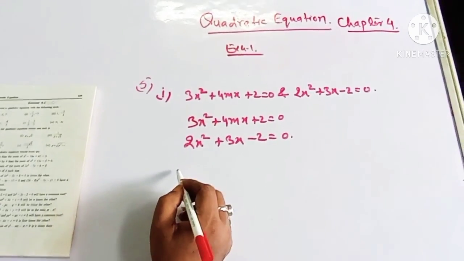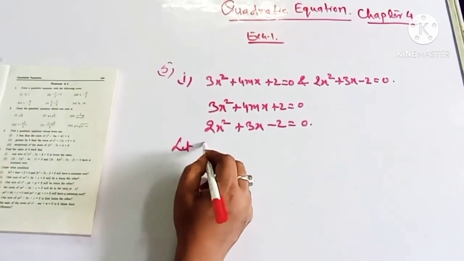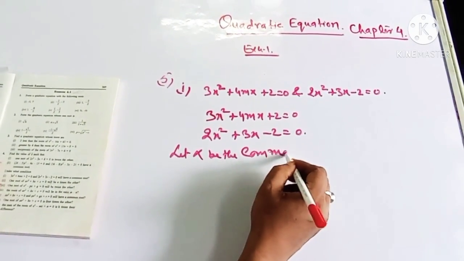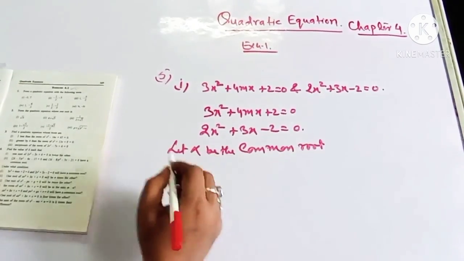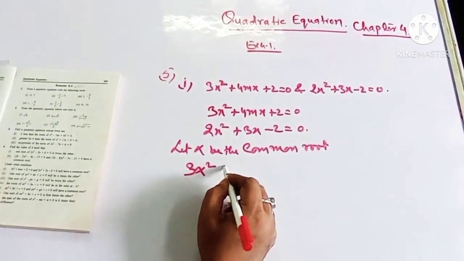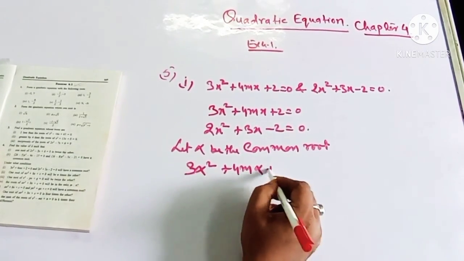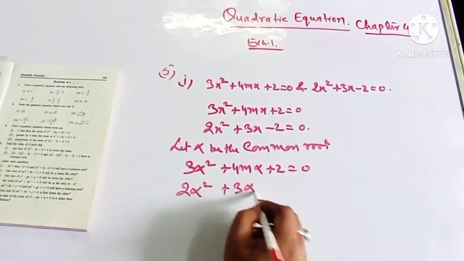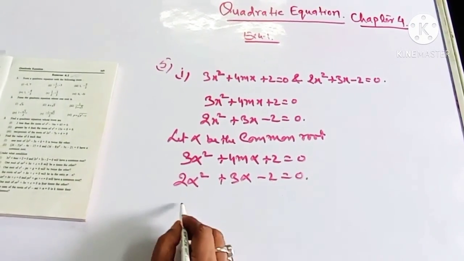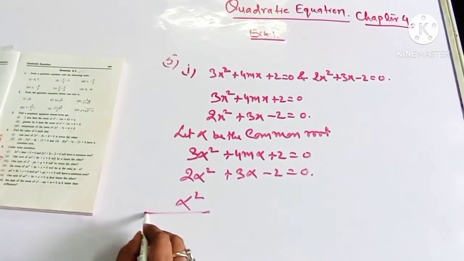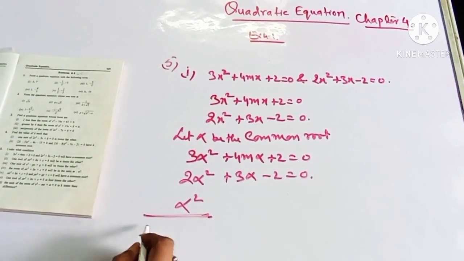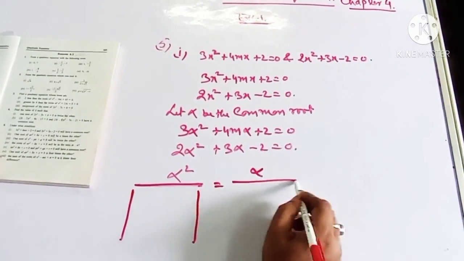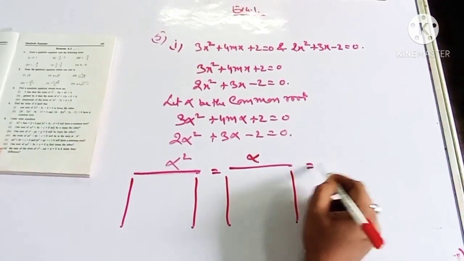So for the common root, let alpha be the common root. So 3 alpha square plus 4m alpha plus 2 equal to 0, and 2 alpha square plus 3 alpha minus 2 equal to 0. So this is called the cross multiplication method. Alpha square by 4m into minus 2 minus 2 into 3, alpha by 2 into 2 minus 3 into minus 2, and 1 by 3 into 3 minus 4m into 2.